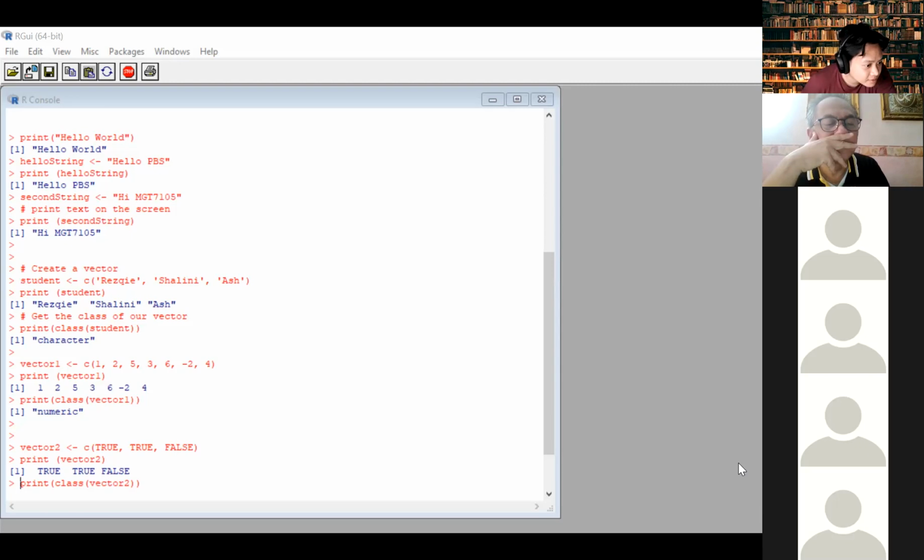The vector one. Okay, there is an arrow here: C bracket 1, 2. You can put any number. You close the bracket. When you print the vector, it will call the vector. But it says error, object vector not found. You can try again.